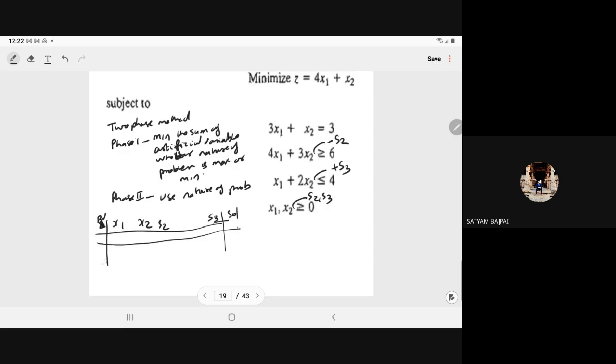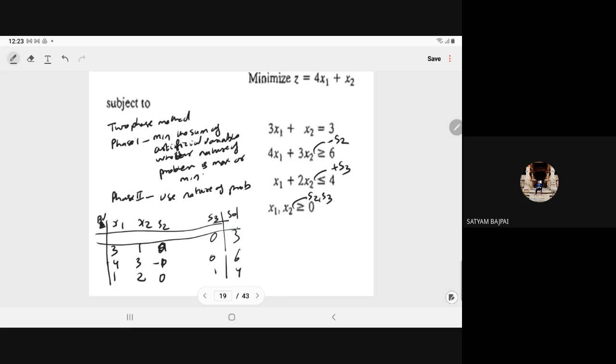Here we have 3 4 1, 3 4 1, 1 3 2, minus 1 0 minus 1 0, and 0 0 1, and on the right hand side we have 3 6 4.